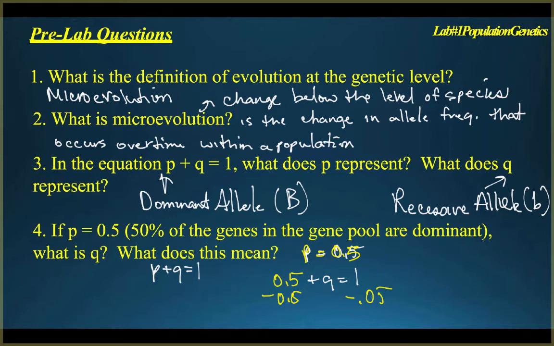And then what you would get is Q equals 1 minus 0.5, which means Q would end up equaling 0.5. This means that P and Q are the same frequency within the gene pool. They're both 50% of the gene pool.